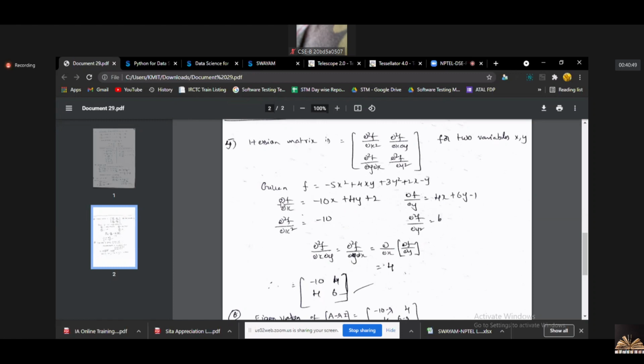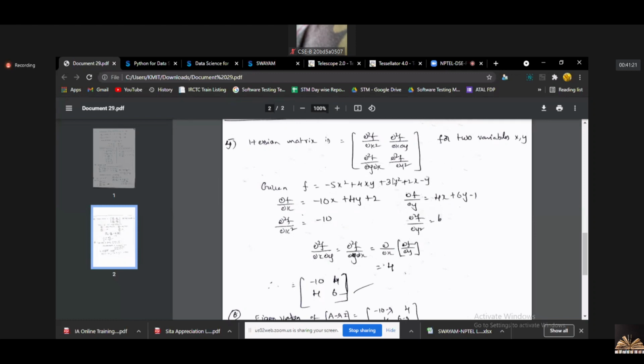Now from this function we are going to write the first derivative with respect to x. Here minus 5x square, so minus 5 into 2 becomes minus 10x. Then 4xy is given, so x becomes 1 and we get 4y.